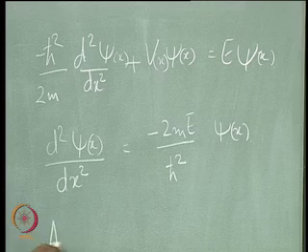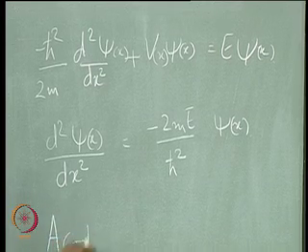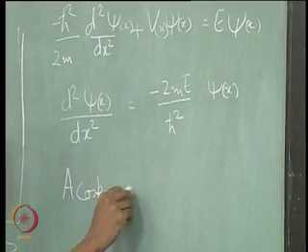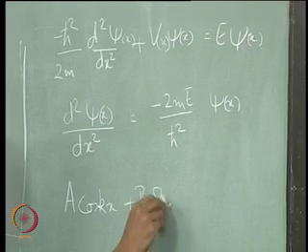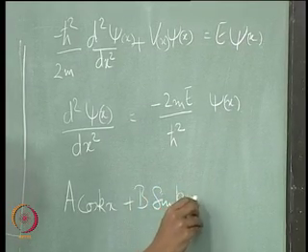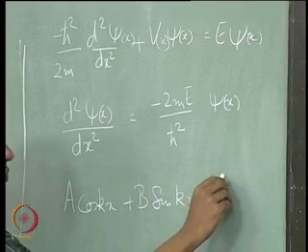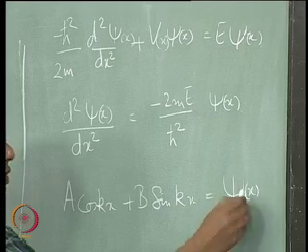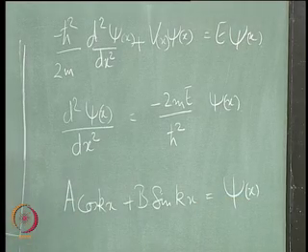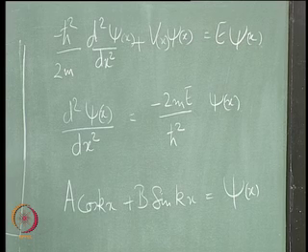So, we wrote a possible solution as xi of x equals a cos kx plus b sin kx, and we do not know what a is, what b is, and what k is.